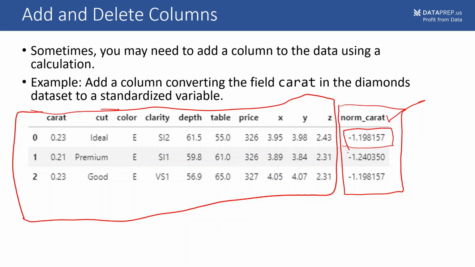Now, we will be looking at normalization and z-scores and such stuff in a subsequent video. But for the moment, remember that normalization or standardization or calculation of the z-score here is nothing but taking the carats, taking their average. From every observation, you subtract the mean and divide by standard deviation to get this particular value. And that is what we have been able to do.